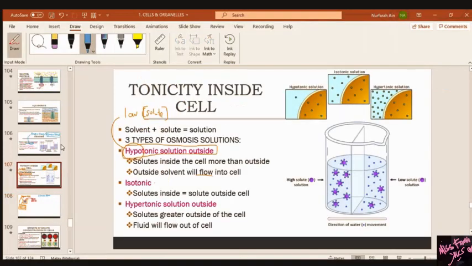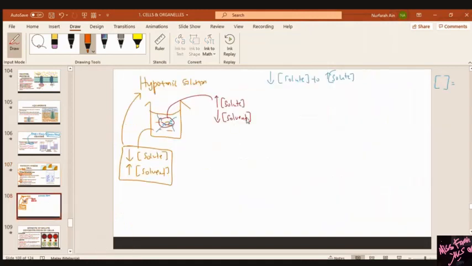Now, let's take a look at the hypertonic solution. I'm going to skip isotonic solution, we're going to see that later. So, hypertonic solution. Hyper here means excess. Excess of what? We're talking about excess solute concentration. Let's see an example.